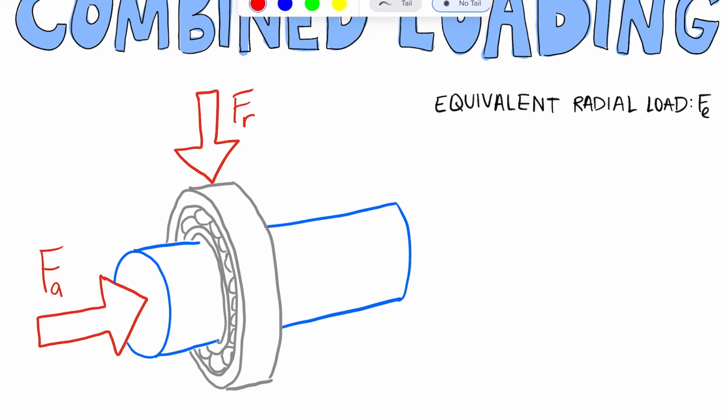Or we could have this scenario where this inner ring is fixed along with the shaft and this outer ring is the one that is rotating. And it has been observed that that has a significant effect on the fatigue life. So we're going to define a factor that helps us include that in our calculation.